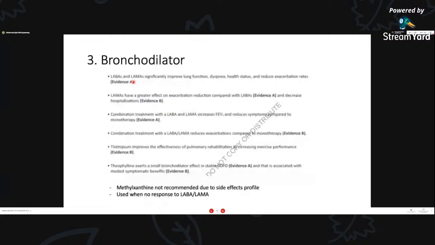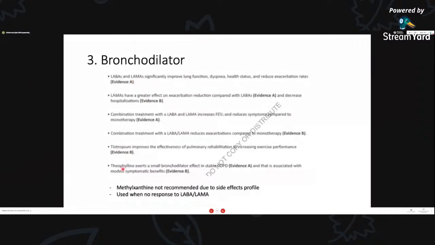Again, as a summary, both are important. If we compare alone, LAMA is better than LABA, but the combination of both is better. Another part of bronchodilators will be theophylline, as part of the methylxanthines.